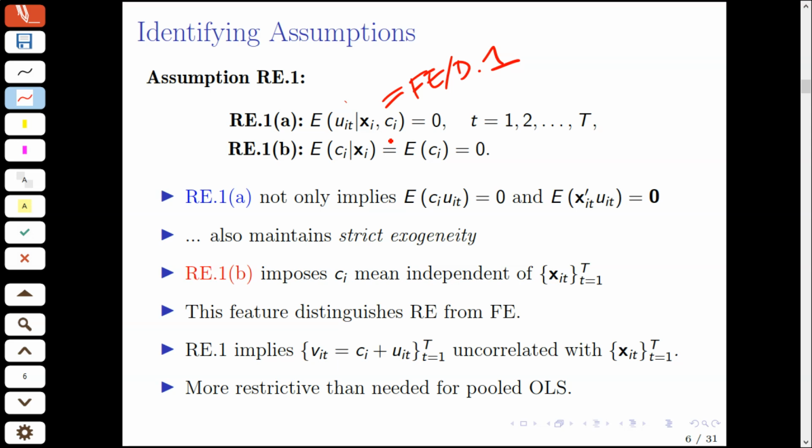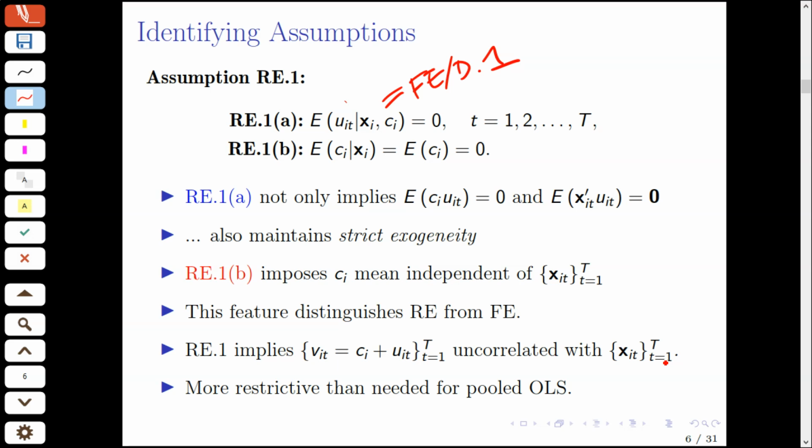Since the second part of the first random effects assumption is new to us, it is precisely this feature that distinguishes random effects from fixed effects. Note that, taken together, the first random effects assumption implies that the composite errors, what we may call the v_it, that is the sum of the individual effect and idiosyncratic errors, are uncorrelated with the regressors.